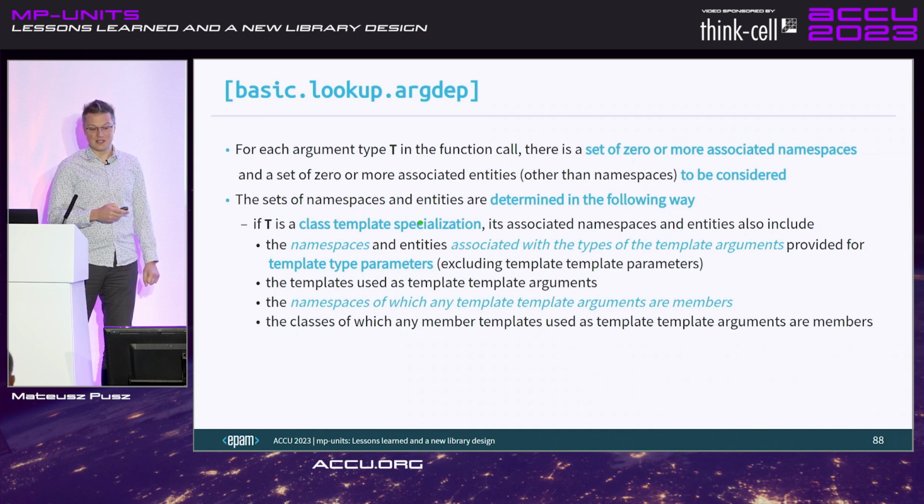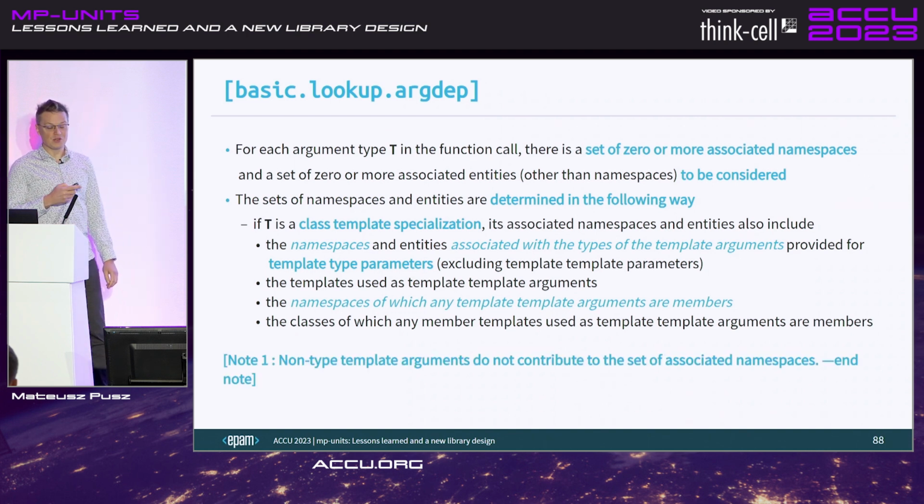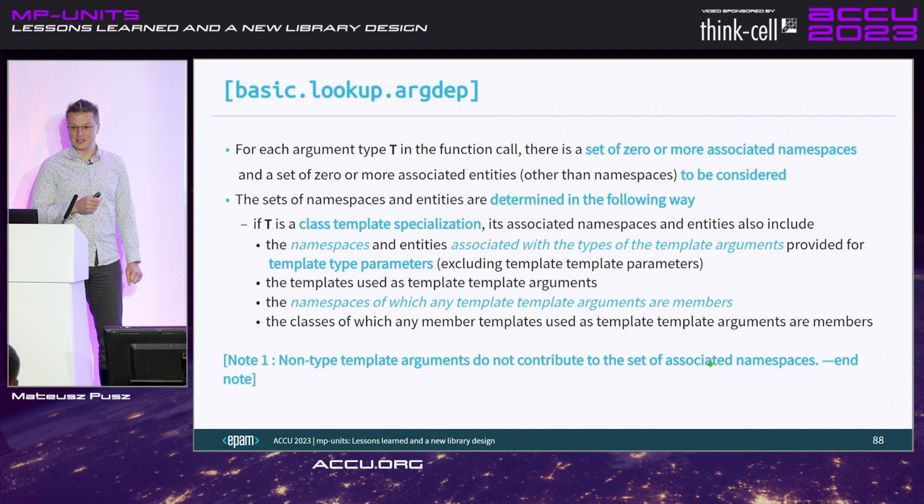If we have a class template specialization, then namespaces associated with types of template arguments provided for template type parameters only are being searched for the identifier. And also namespaces for template template parameters are being searched, but this is not the case here. And there is also an explicit note in the standard saying that non-type template arguments do not contribute to the set of associated namespaces, which really sucks.